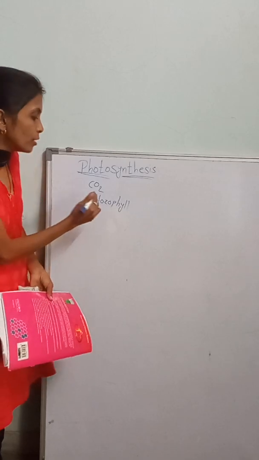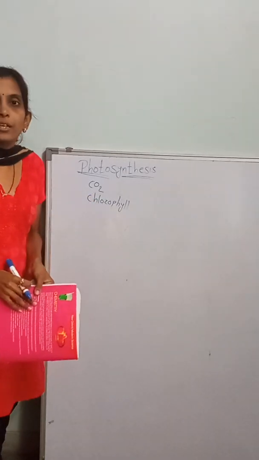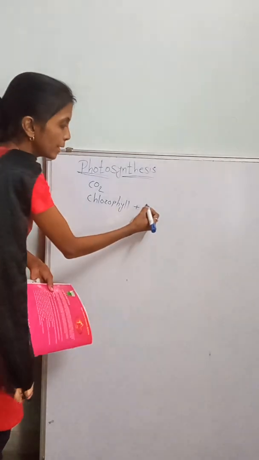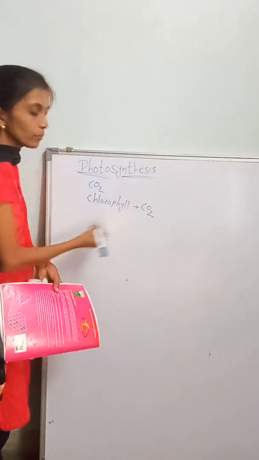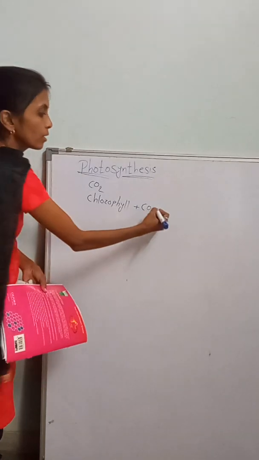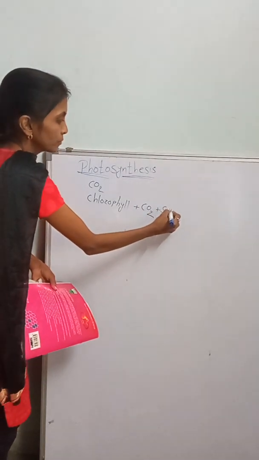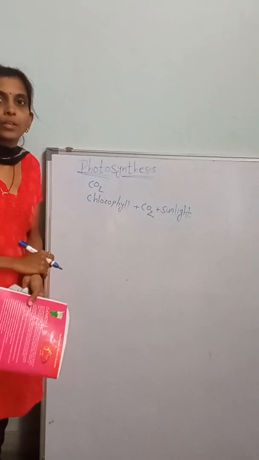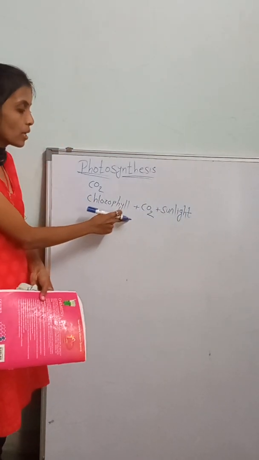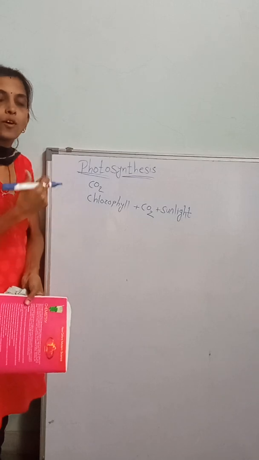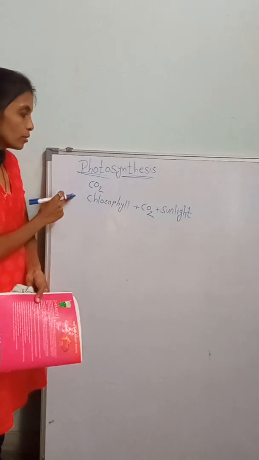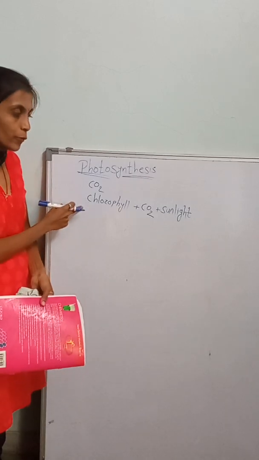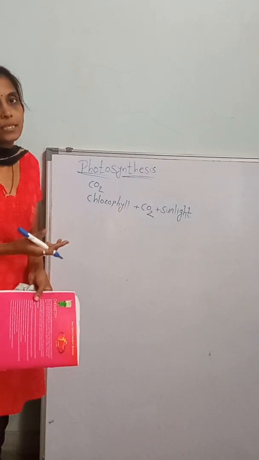So this chlorophyll, plus carbon dioxide and sunlight, these three factors are important for the formation of food in the plant: chlorophyll, carbon dioxide and sunlight.